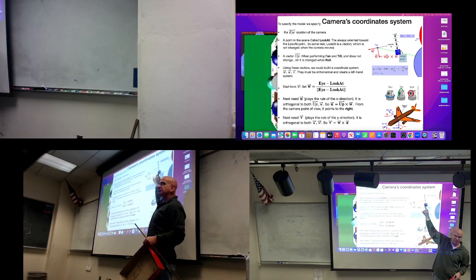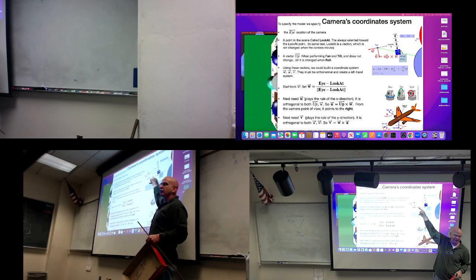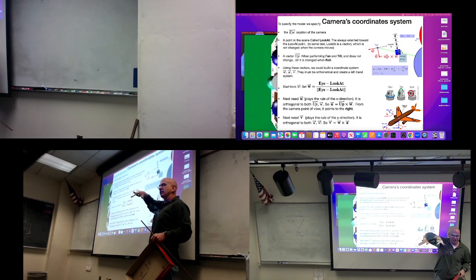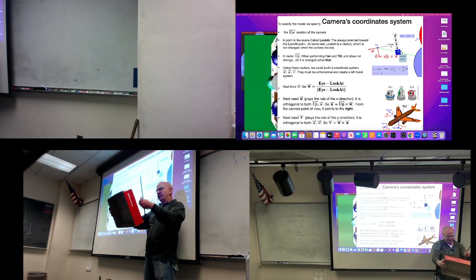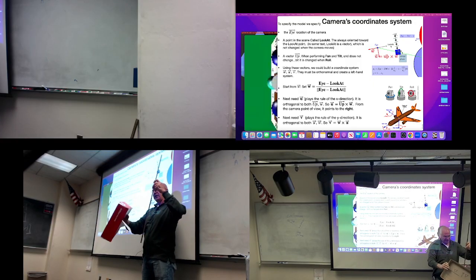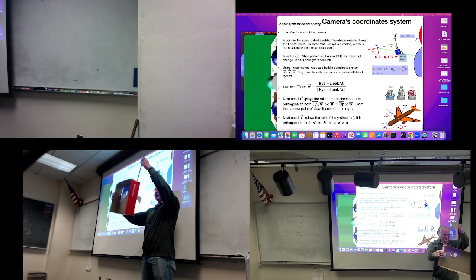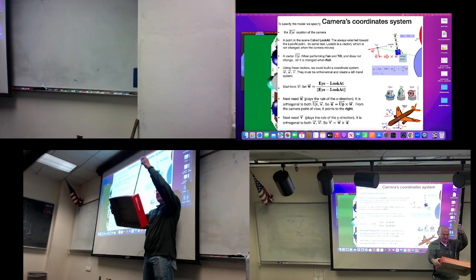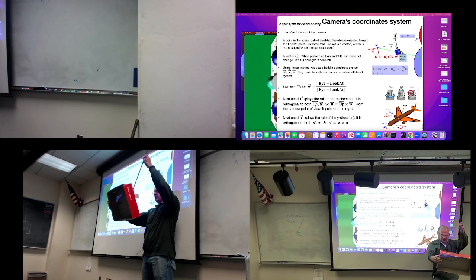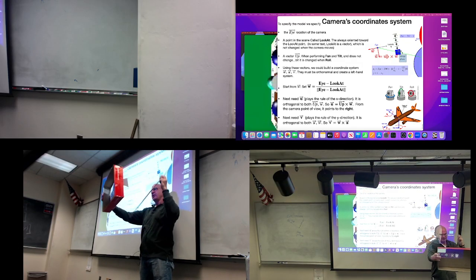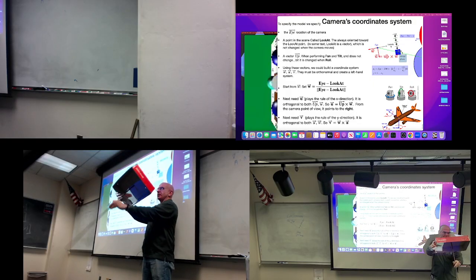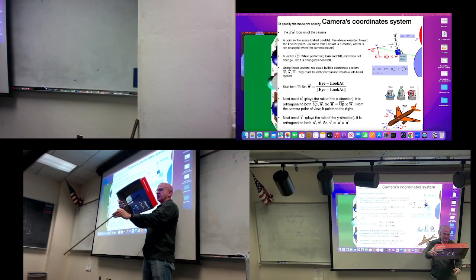We said that cross product is our tool to take two vectors and create a third vector which is orthogonal to both of them. So again, from the camera's part, there is an up vector. It doesn't have to be exactly the lookat. The lookat is changing.